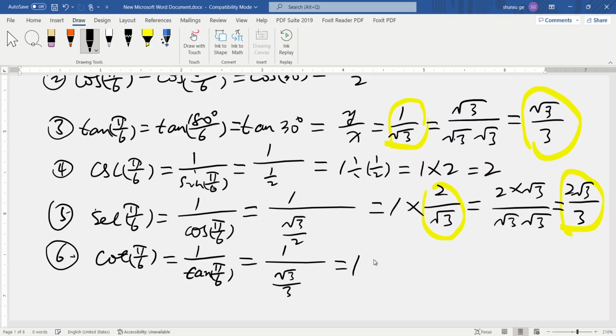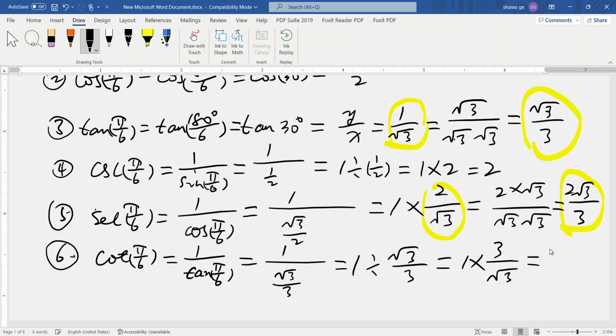So 1 divided by square root 3 over 3 equals 1 times 3 over square root 3.